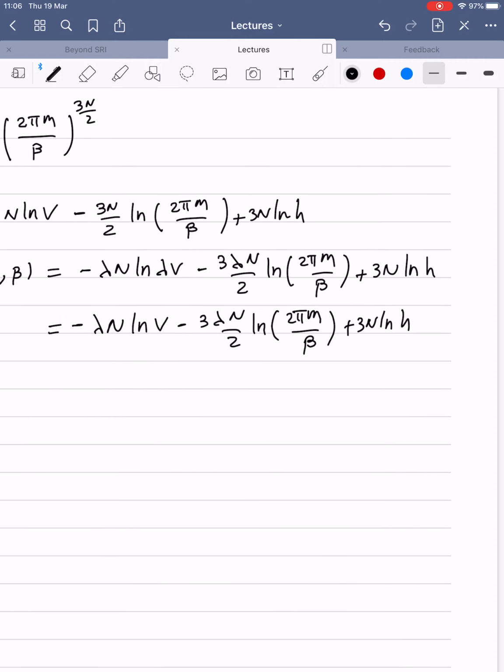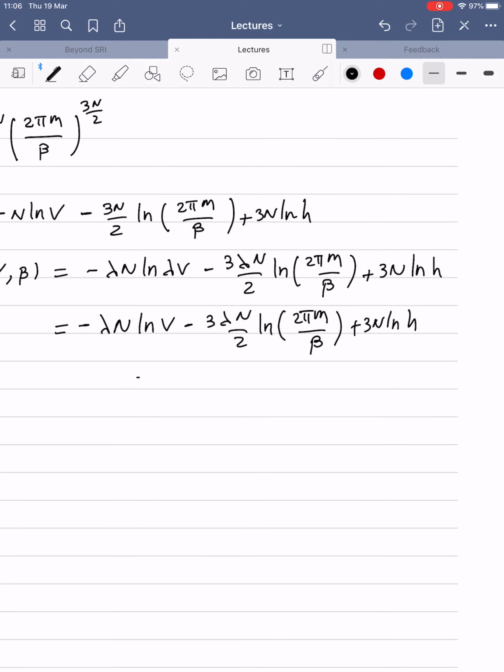And then there is an extra term here, which is minus lambda n log of lambda. So all in all, this is equal to beta A specific of n, v, and beta, but then minus lambda n log of lambda.